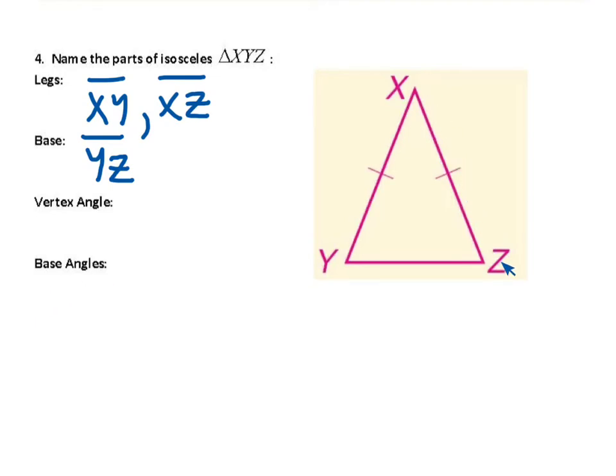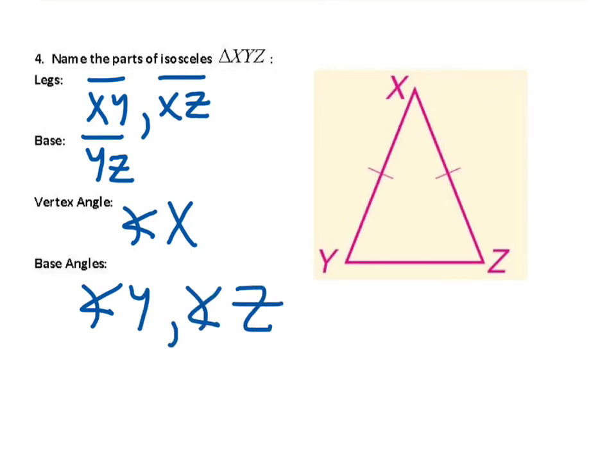With this isosceles triangle, the vertex angle is going to be the angle that's between the two congruent sides. So here, the vertex angle is angle X. Well, the base angles are the other two angles right here, angle Y and angle Z. So angle Y and angle Z are what we call the base angles.